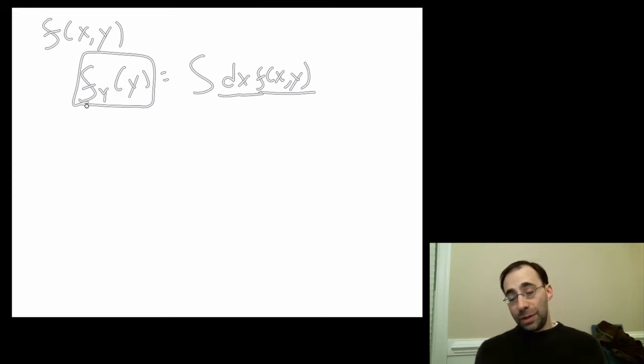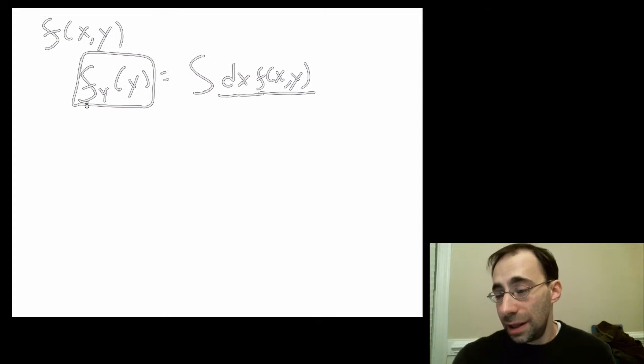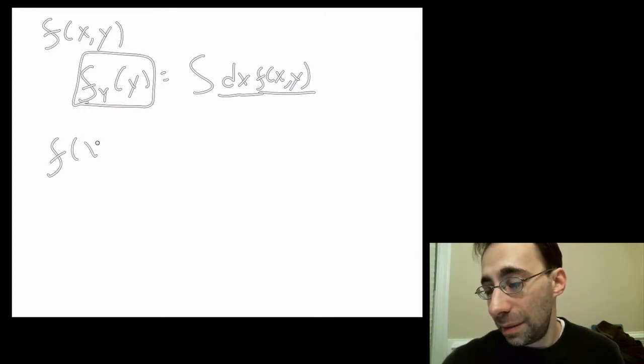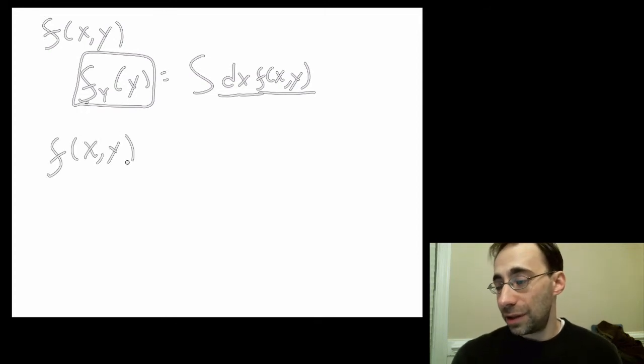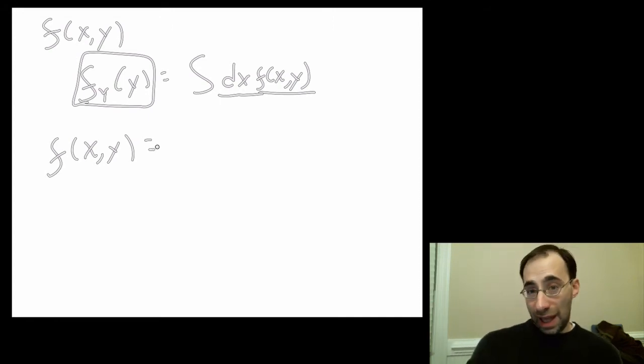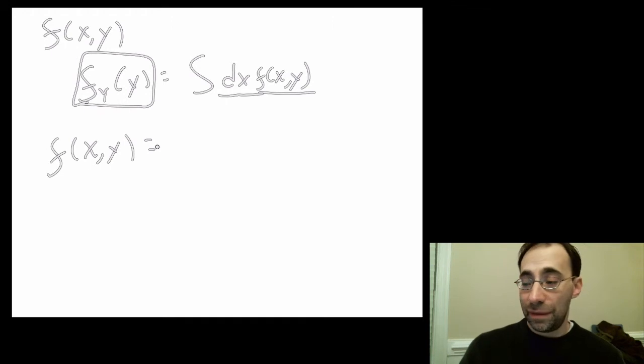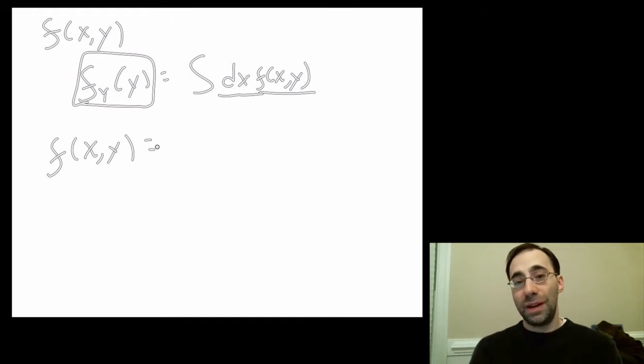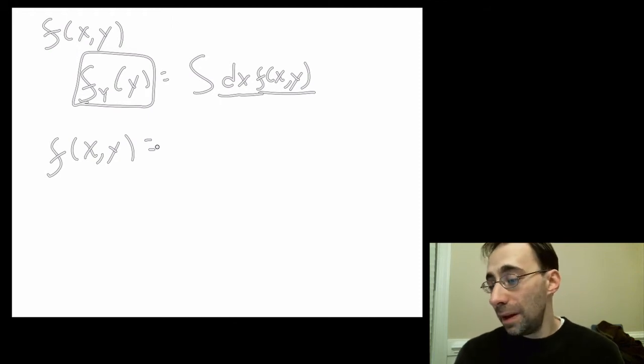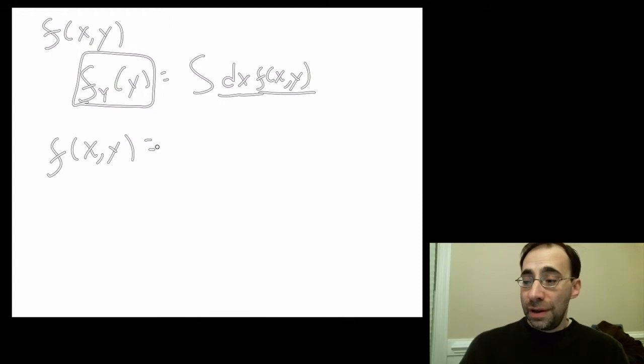The conditional distribution is related to this in the exact same manner that we saw when we did Bayes' rule a couple lectures ago. If this is the joint probability, in the case of a PMF, and it has a similar conceptual relationship with the PDF, this is a joint probability distribution.